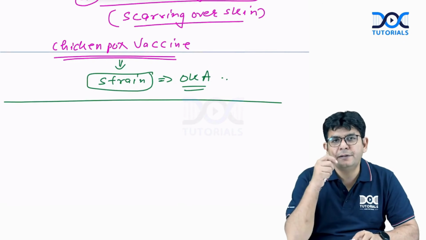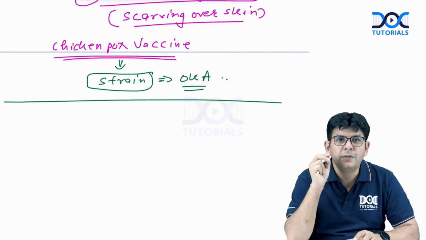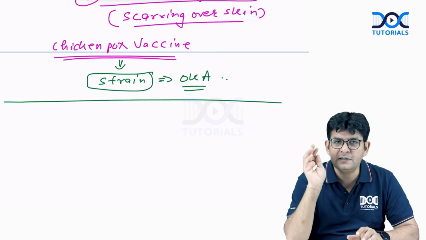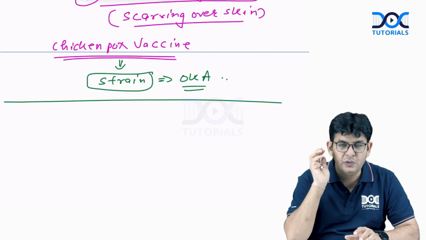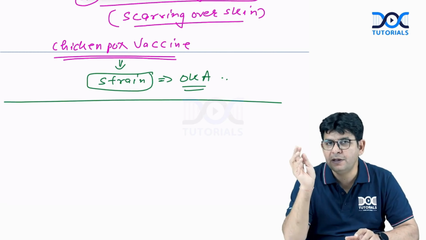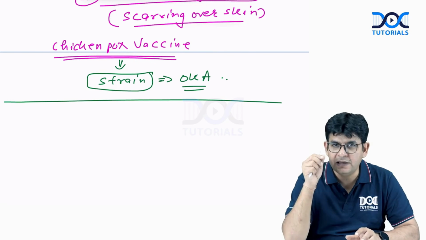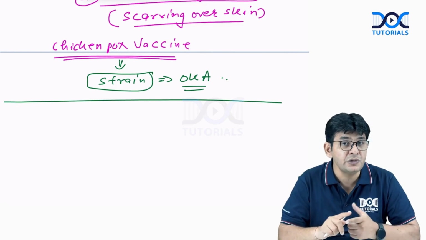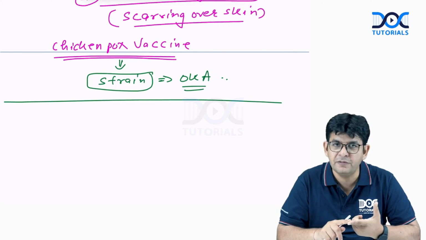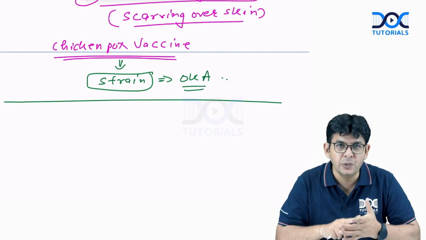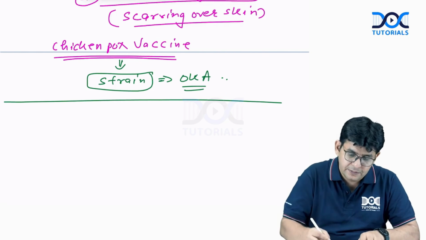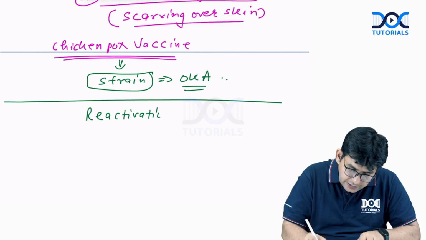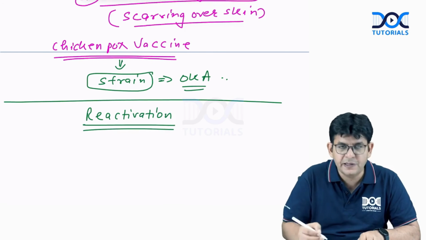Other than that, another entity is also there. Whenever the infection of chickenpox happens and is cured, do you think the virus goes off from the body? No, it stays there. Where? It stays in your ganglion. Whenever you are under any sort of stress, emotional stress, love breakdown affair, exam stress, old age stress, what is observed is reactivation.